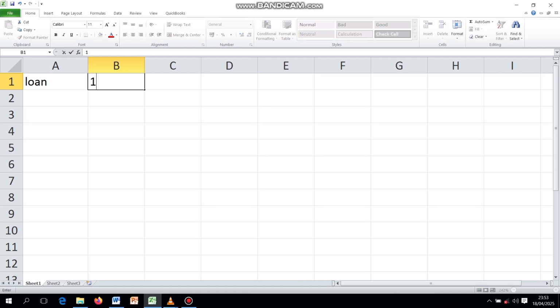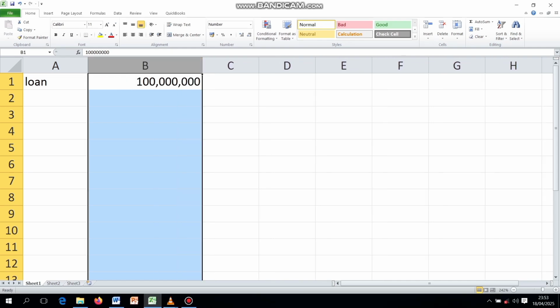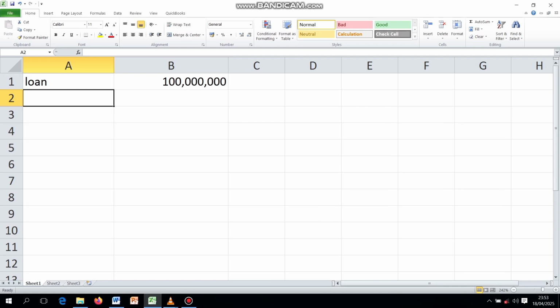I need the loan, which is 100 million. So after getting it, then I will need the loan period, which is termed as the NPER.